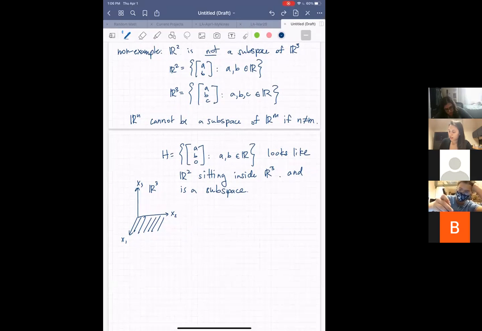And so, yeah, any other plane through the origin is also a subspace of R3.